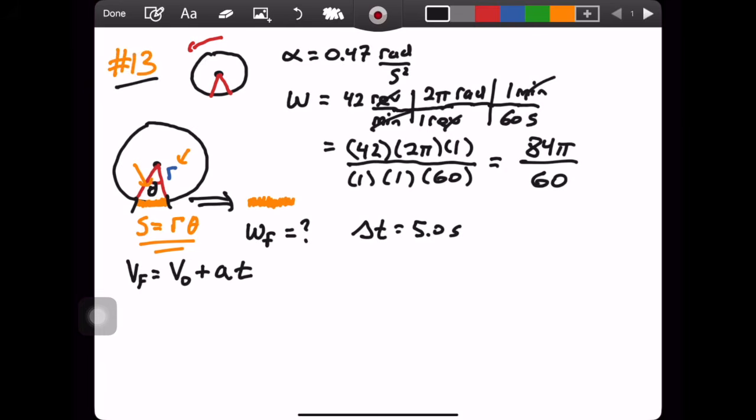We need to know what the initial velocity is, we need to know what the constant acceleration is, we need to know how much time. If I plug in for these values in the linear sense, I plug in the rotational transformation where we simply take r theta, and that arc length is akin to length in regular linear kinematics.